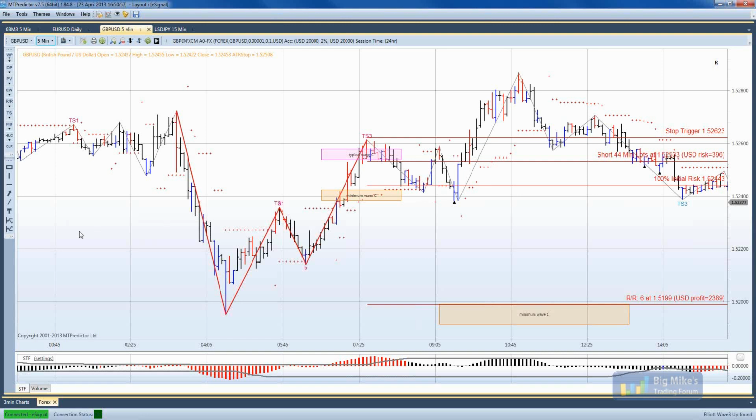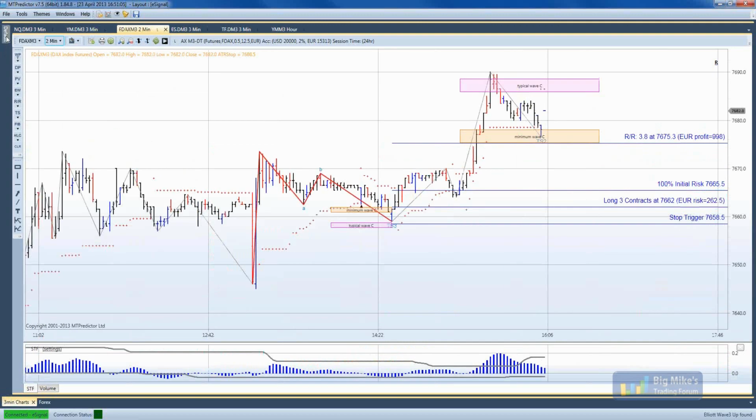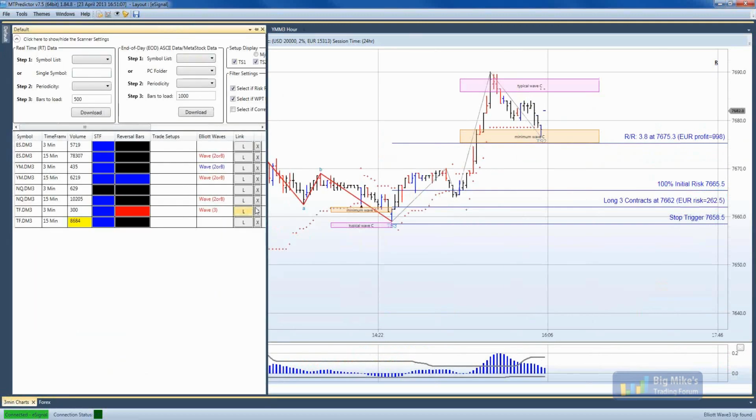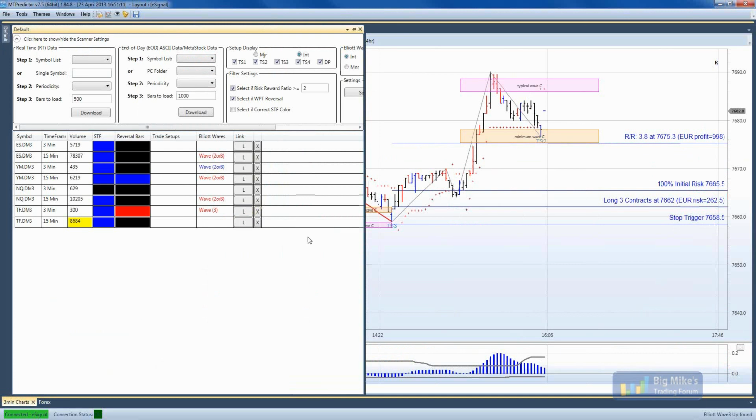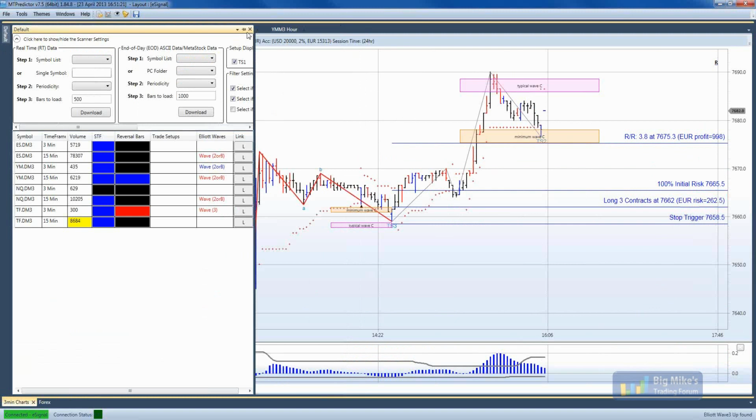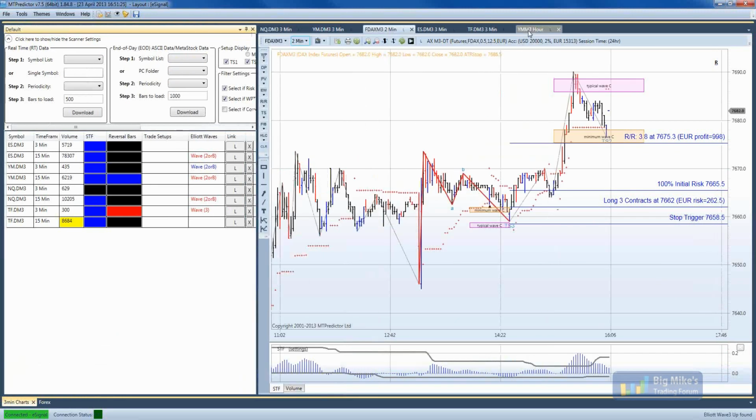So what I want to do now is move from the standard kind of trade setups, and as I've already said, we have a scanner that you can set up here. In fact, if I take a couple of seconds now, I'll show you a bit about how you can use different parts of the software. You have this scanner, so it just flicks in and flicks out like that. You can have it docked where it is, so we have all our charts in tabs like this.